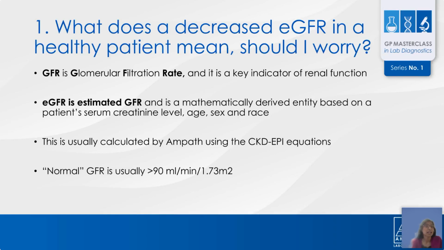This is usually calculated by AMPATH using the CKD-EPI equations, and a normal eGFR is more than 90 mL per minute per 1.73 meters squared. Since 2014 at AMPATH, we have been using the 2009 CKD-EPI equation for calculation of eGFR without applying a race correction factor in adults, that is, patients more than 18 years old.